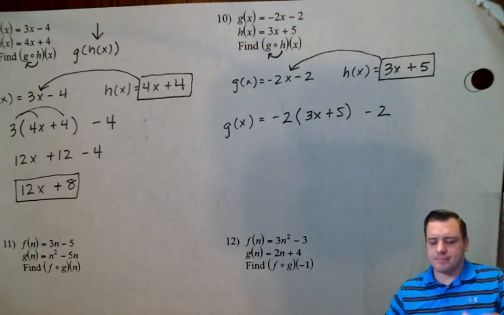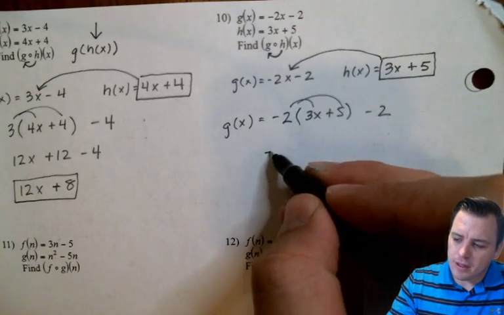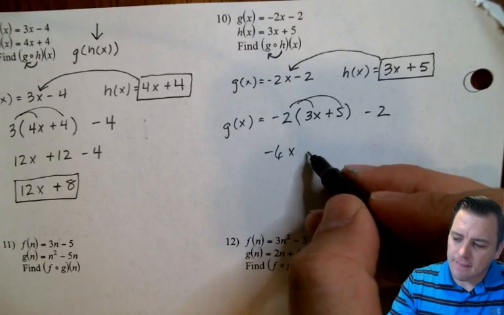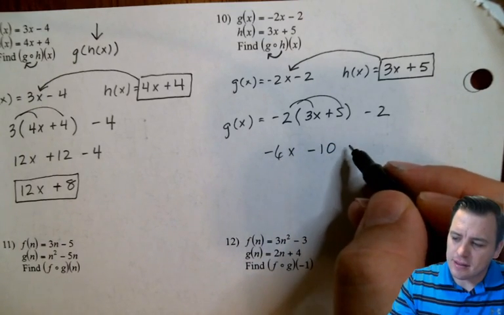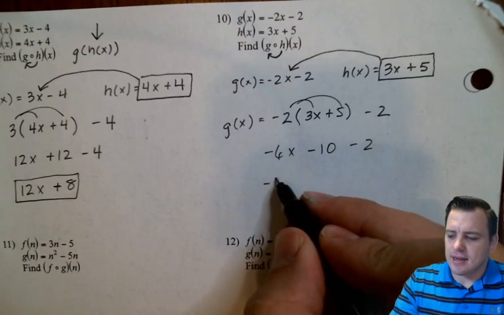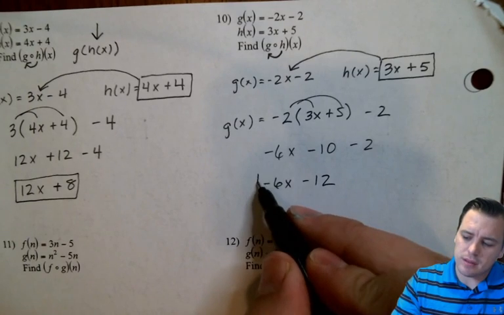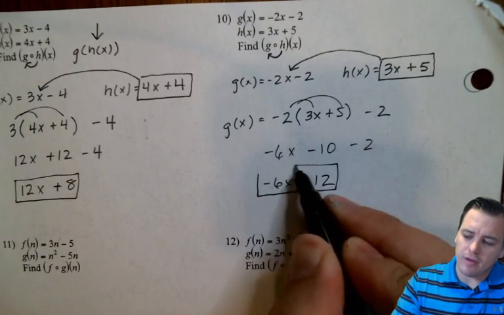All right. From there, I just distribute. Negative 6x minus 10, minus the 2 right here on the outside. So that's negative 6x minus 12. And that would be our final answer.